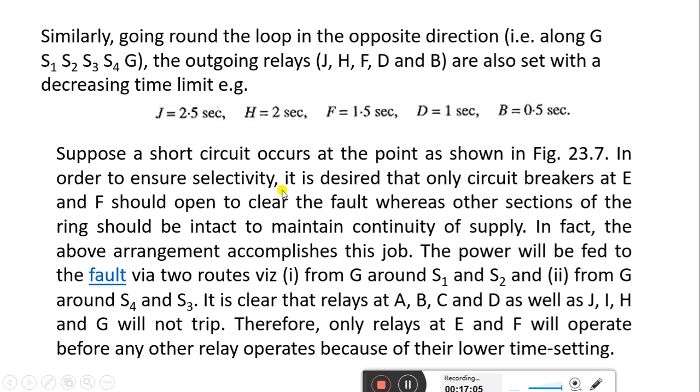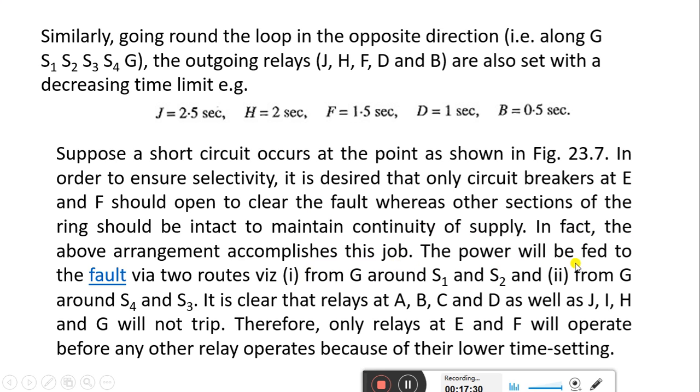In order to ensure selectivity, it is desired that only the circuit breakers at E and F should open to clear the fault, whereas the other sections of the ring should be intact to maintain the continuity of the supply. In fact, the above arrangement accomplishes this job.